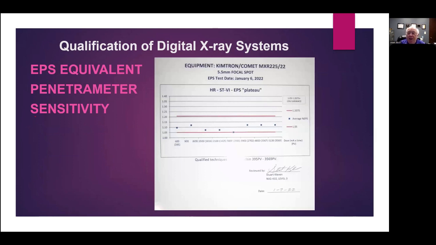So basically, this is the range of qualification of your pixel values. So at the low end, we're qualified down to 395 pixels. And at the high end, 3,569. So again, after the ends, you'd run off the ends of this, you're not getting values on your EPS plates. So this is your qualification.